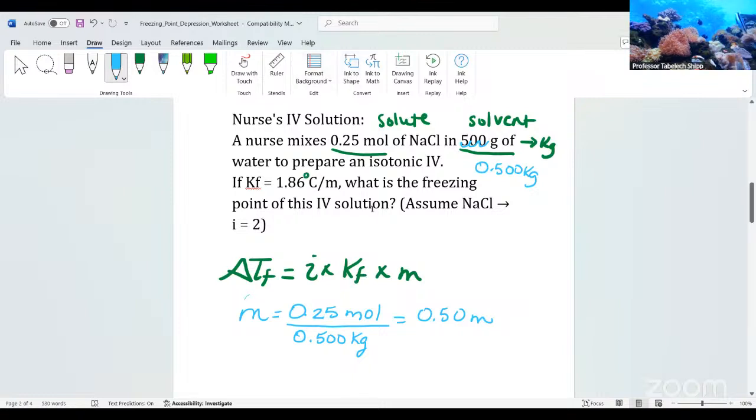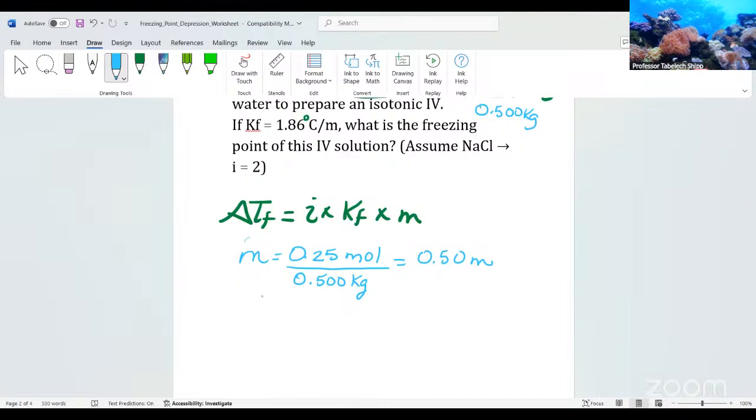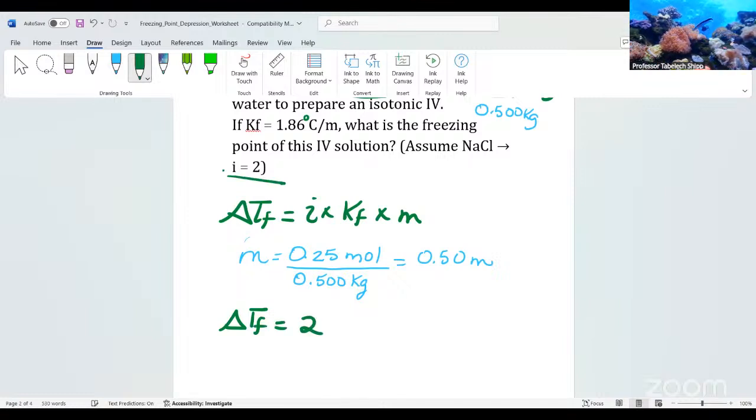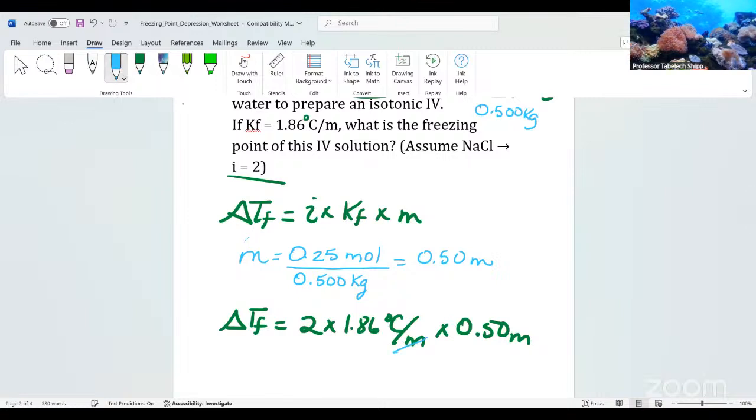All right, now what are we going to do? We are going to now use our formula. So our delta T of F is equal to 2, because they told us the Van't Hoff factor was 2, times 1.86 degrees Celsius per molality, times 0.50 molality. So you already know that your m's are going to cancel out.